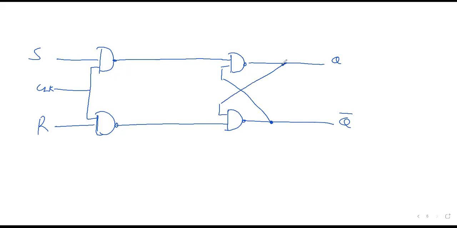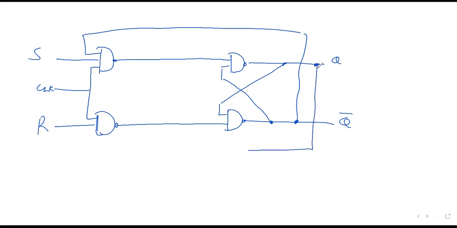This is the RS flip-flop. Now we have feedback. We modify it by giving this feedback. Q plus goes back here, and Q goes back here.